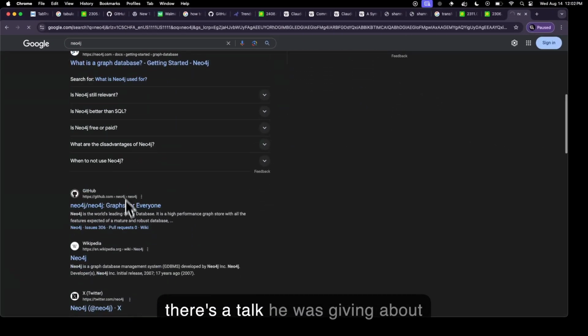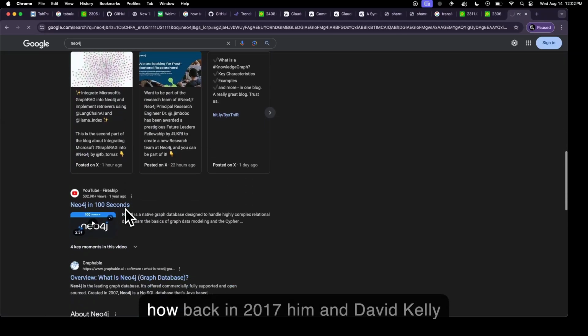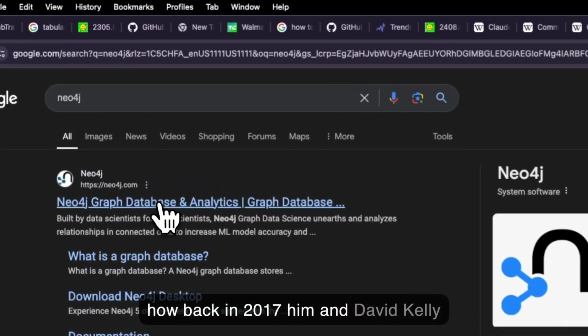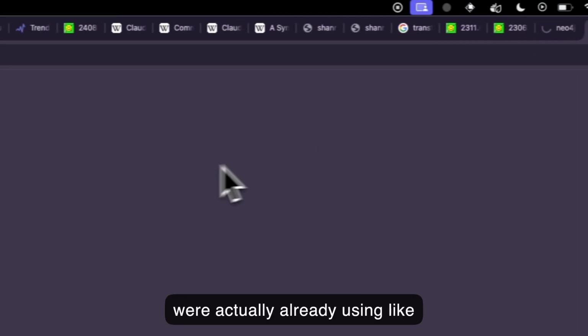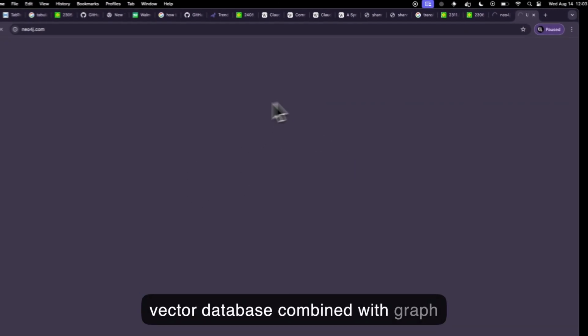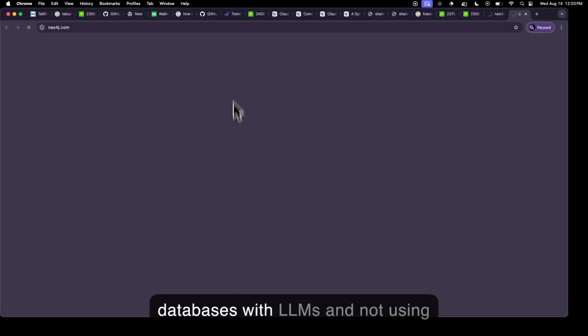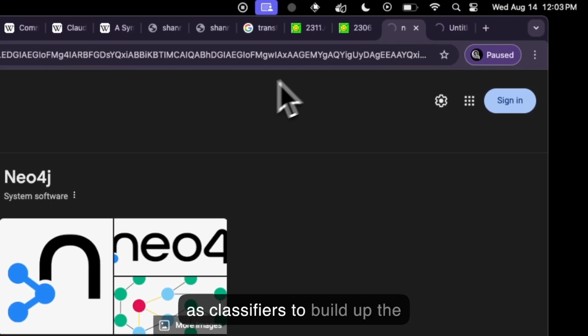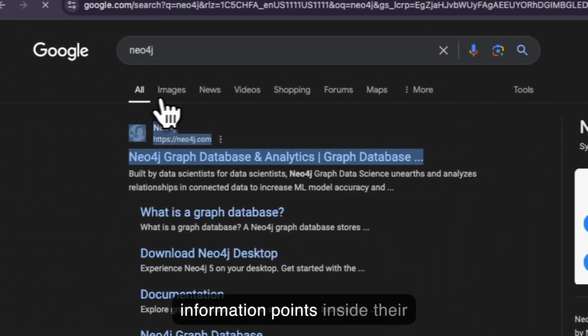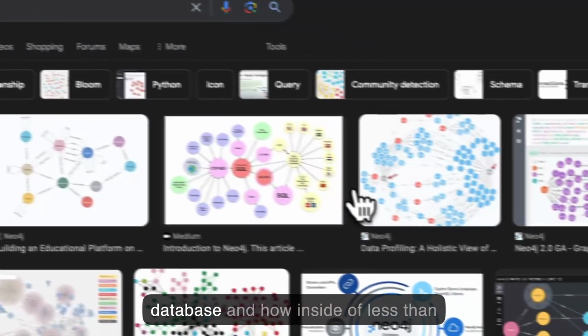But there's a talk he was giving about how back in 2017, him and David Kelly were actually already using vector databases combined with graph databases with LLMs, and not using the LLMs as generative components, but just as classifiers to build up the information points inside their database.